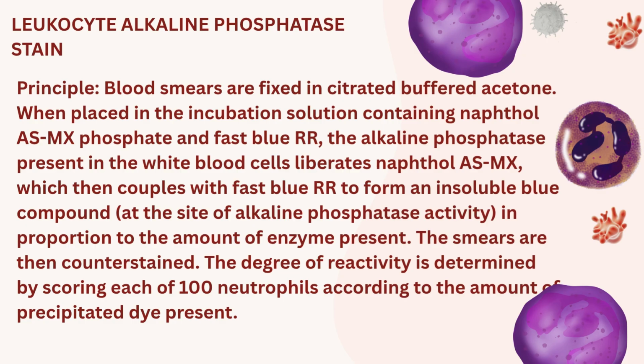Now, what is the principle? Blood smears are fixed in citrated buffered acetone. When placed in the incubation solution containing naphthol AS-MX phosphate and fast blue RR, the alkaline phosphatase present in the white blood cells liberates naphthol AS-MX, which then couples with fast blue RR to form an insoluble blue compound at the site of alkaline phosphatase activity, in proportion to the amount of enzyme present.